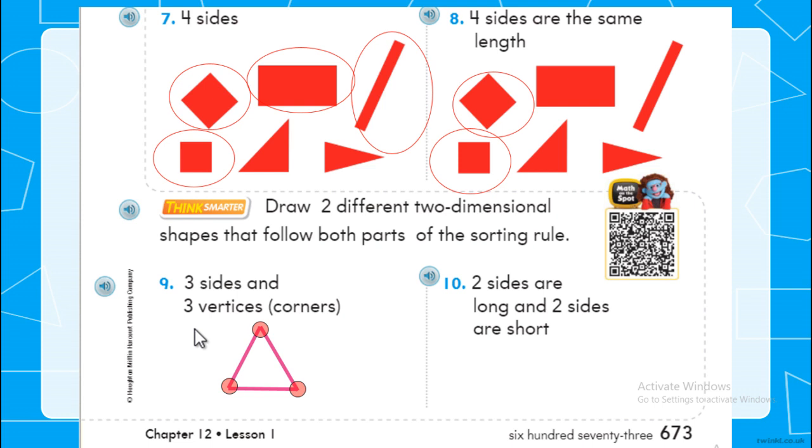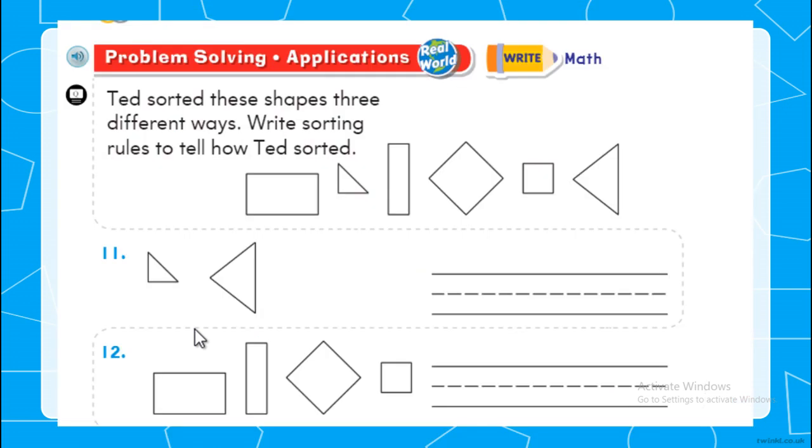In question number 10, they want me to draw a shape that has 2 sides long and 2 sides short. Which shape fits this rule? The rectangle has 2 long sides and 2 shorter sides. And also it has 4 vertices. The last page.